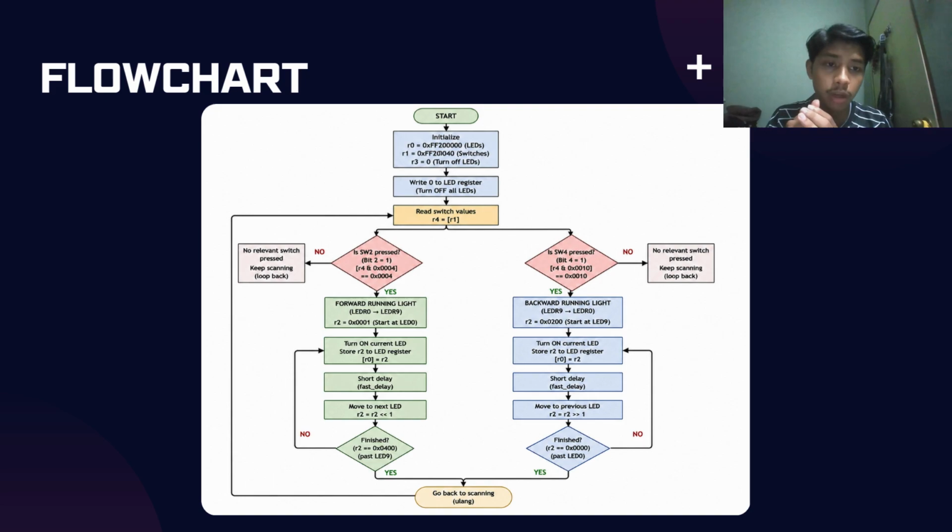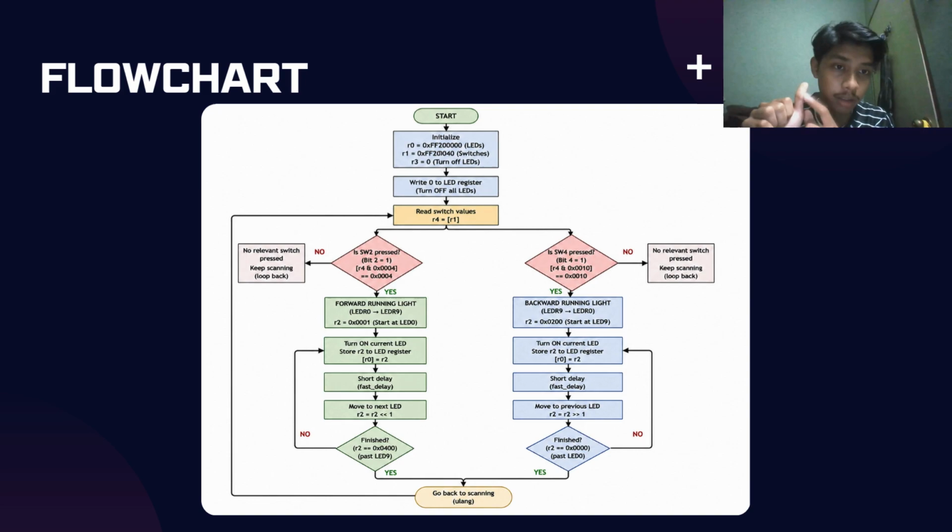Next we got a short delay, which is what I said earlier. It has a short delay for the LED to turn on, and then we move to the next LED. So firstly R0 is turned on, and then we store the value to the R2 register.